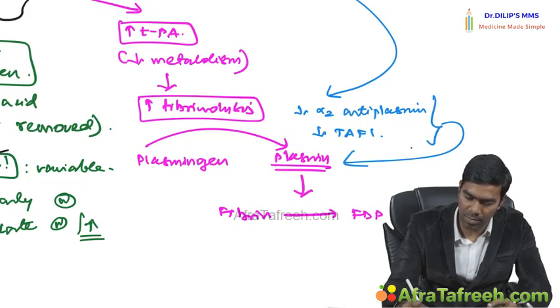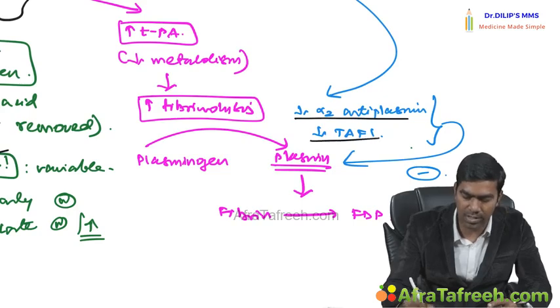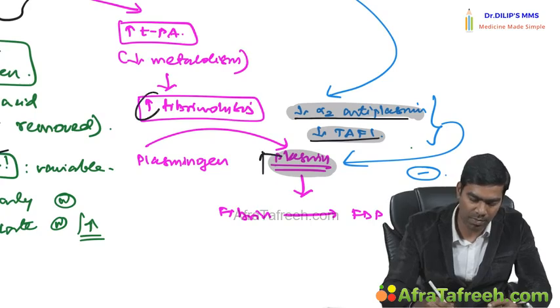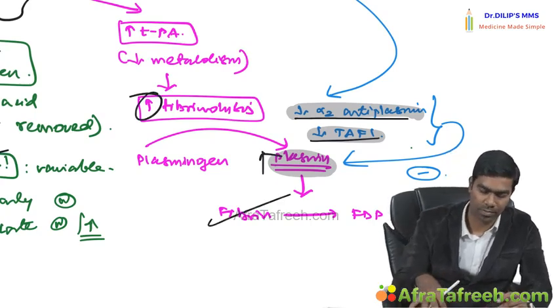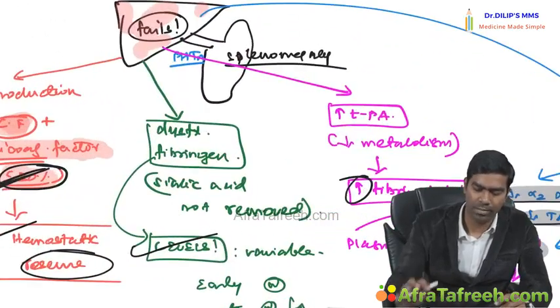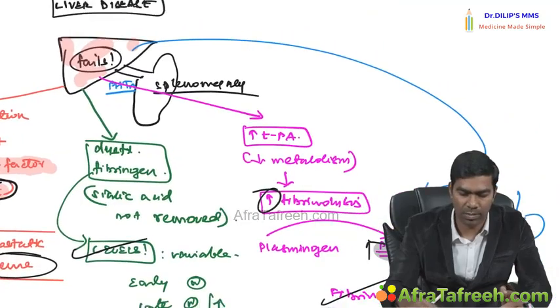Both are very powerful inhibitors of plasmin, because liver is the one that synthesizes these two, and because of liver failure both these are reduced, plasmin levels are increased again. At the same time your fibrinolysis will increase and bleeding chance will increase. That's the idea. Clear? Fine. So these are some of the mechanisms.